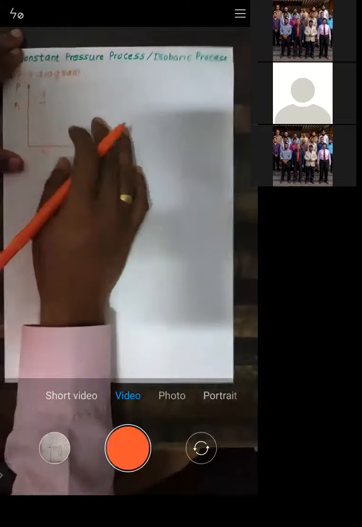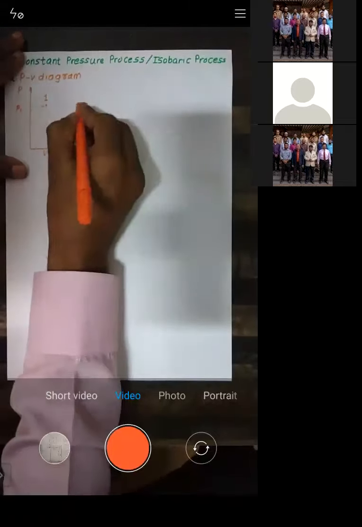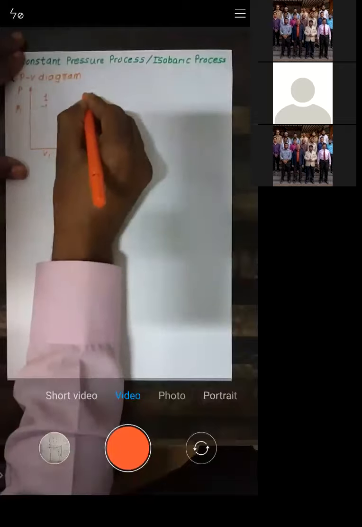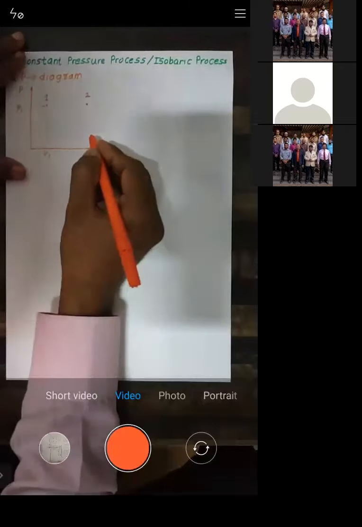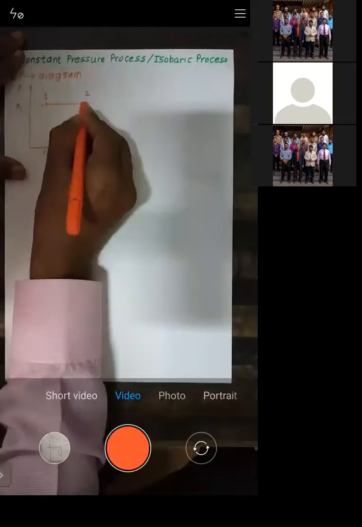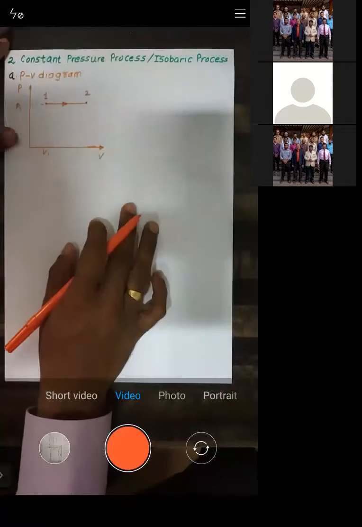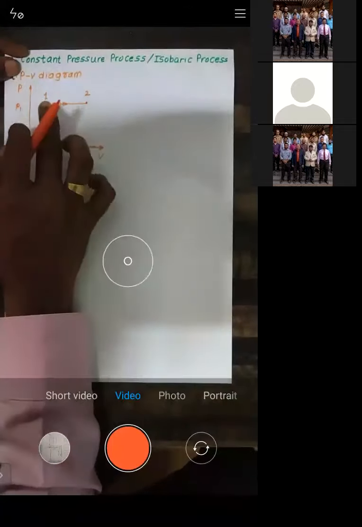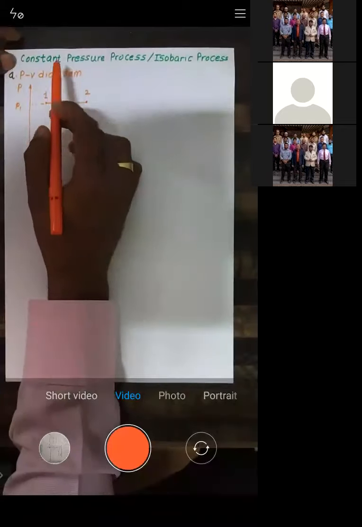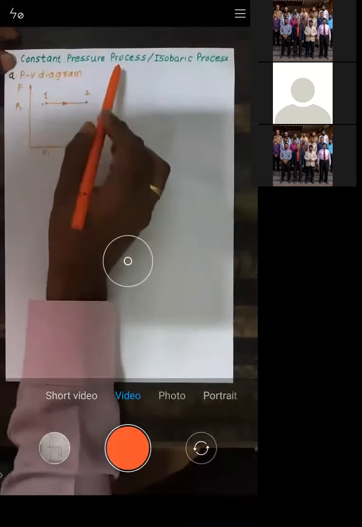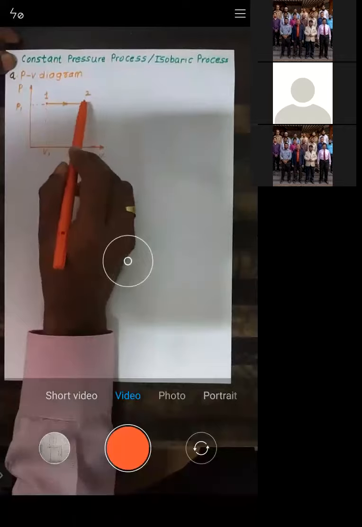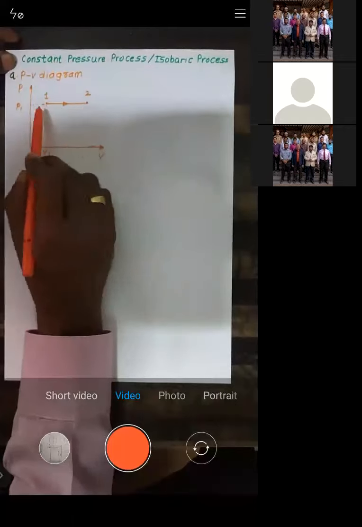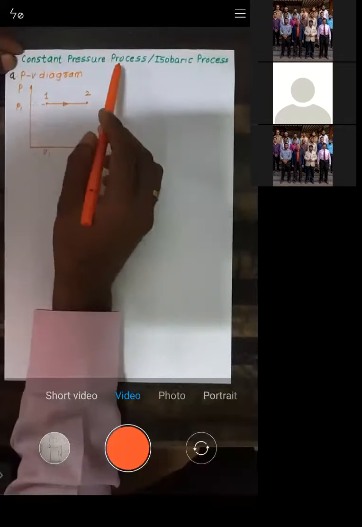Let's say from point number one, I will move to point number two. But during the process 1 to 2, the pressure is held constant because the process is a constant pressure process. So when you move from state 1 to state 2, your pressure should be constant.